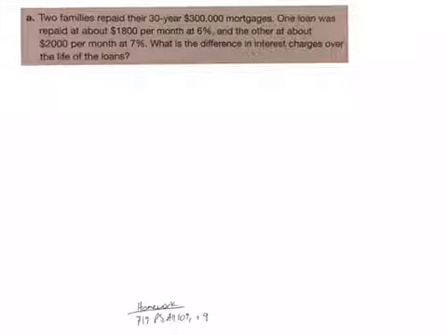So this is how much the first family paid, $1,800 per month at 6%. So what we need to do is take the $1,800 that they paid every month and multiply that by the number of months. Since it's a 30-year, 30 years times 12 months every year, you get 360 months.